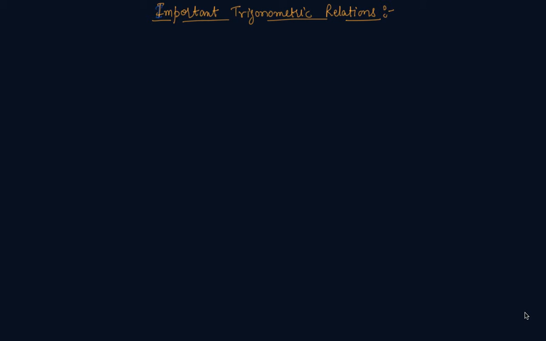So today in this lecture we will discuss some important trigonometric relations. Okay, so the first relation is sin²x + cos²x = 1, and the second relation is 1 + tan²x = sec²x, and the third one is 1 + cot²x = cosec²x.